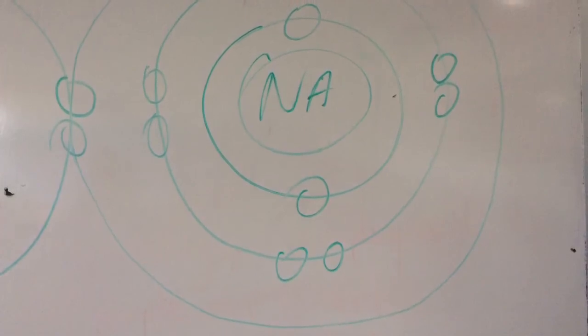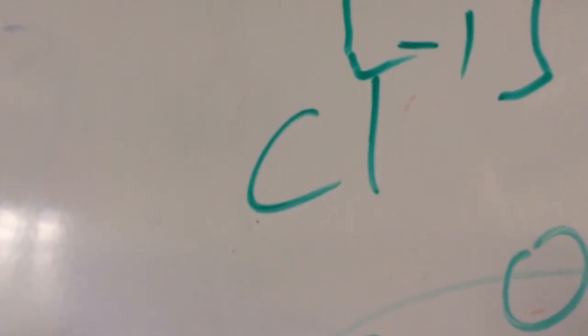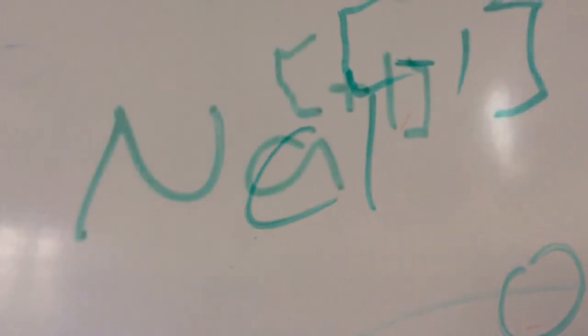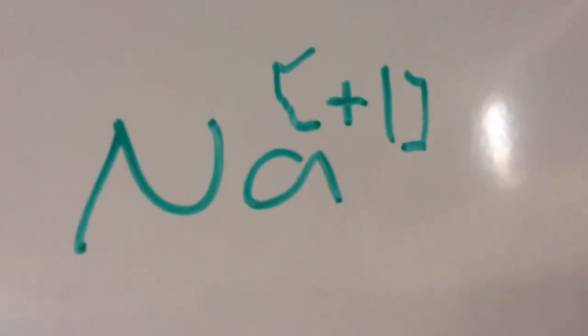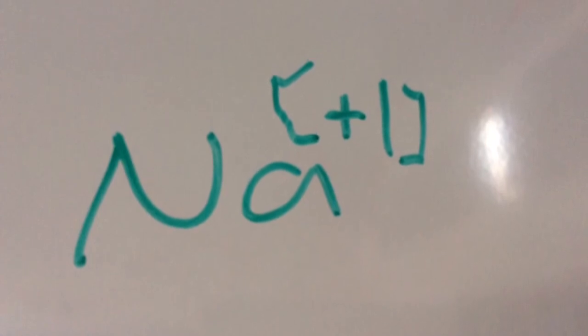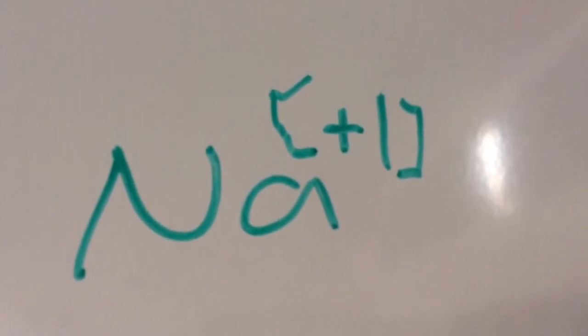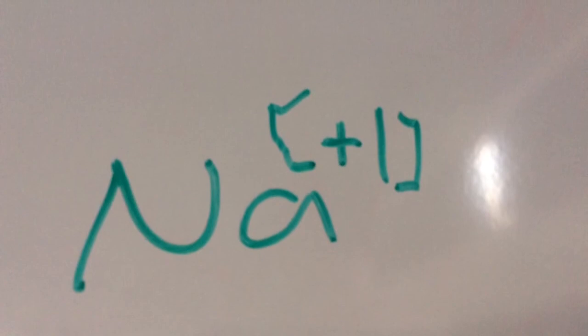So as we write it, Cl minus 1 and Na plus 1, which means Na is giving electron and Cl is taking electron.